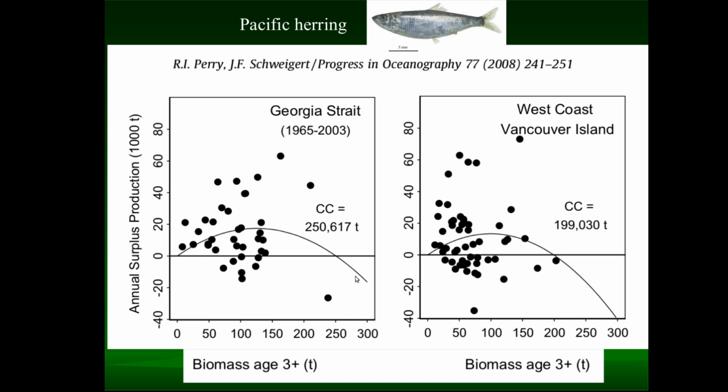Where it crosses the origin on the y-axis gives you the maximum biomass right here, or the carrying capacity of the population. Examples of Pacific herring show different carrying capacities at different locations, Georgia Strait versus the west coast of Vancouver Island, for example. That indicates perhaps different levels of food supply.